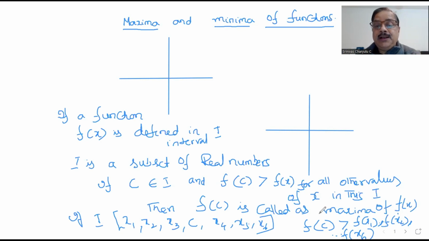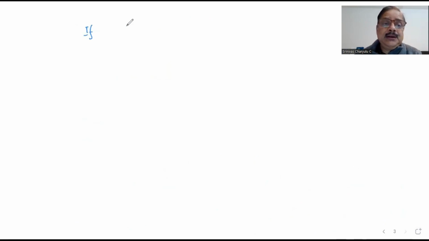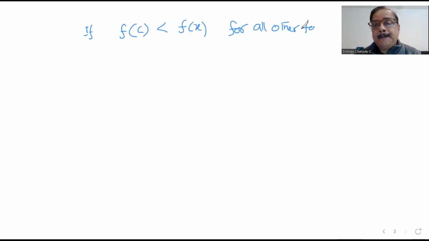How am I telling? The f of C value is greater than f of x for all other x values within this interval. Similarly, if f of C happens to be less than f of x for all other values in the interval, like I told you, x1, x2, like this, C, then x6.